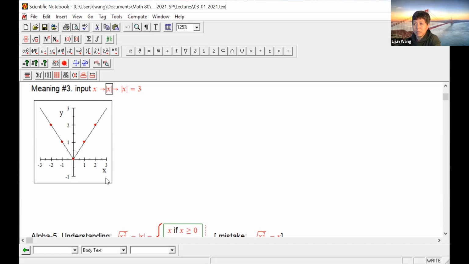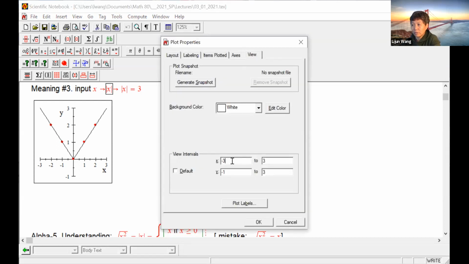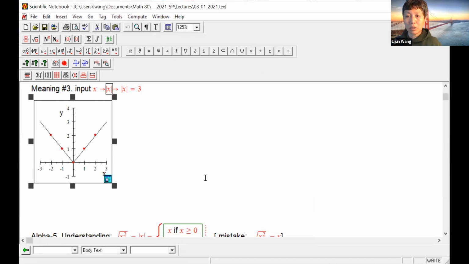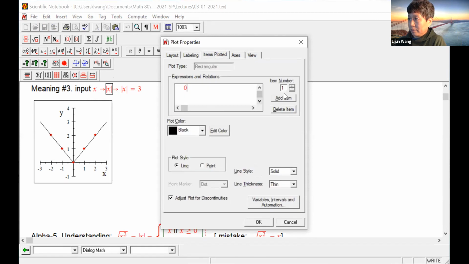Let me make a little adjustment for the graph. We're solving for x. X obviously is the input, and we know the output is 3. The output is about how high it is. So how do we express that the output is 3?